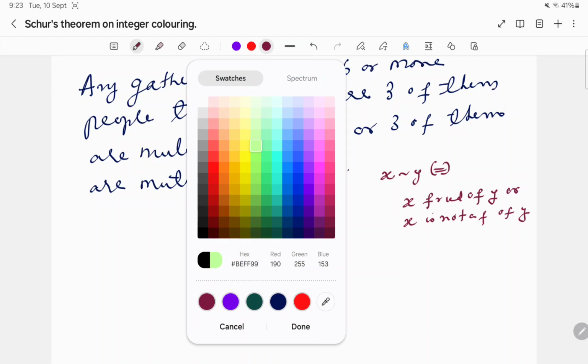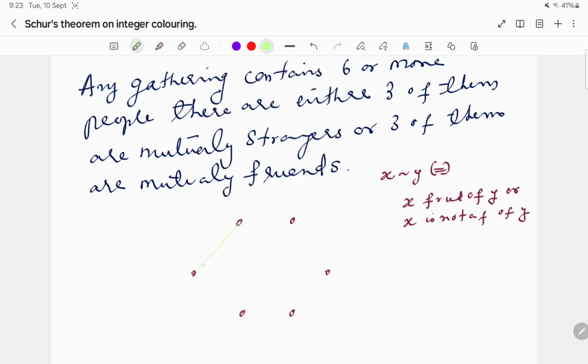I draw all the vertices like this and connect all the edges using a light color, so every vertex is connected to every other vertex, because the relation I defined produces all the edges.